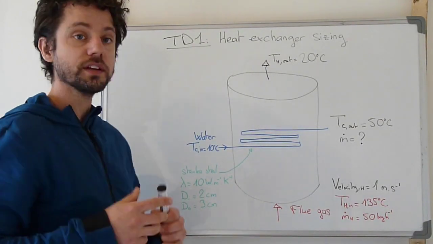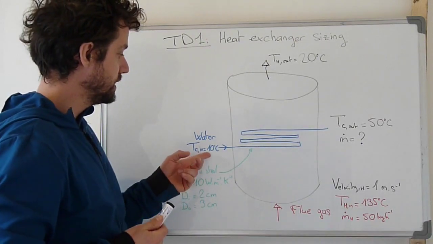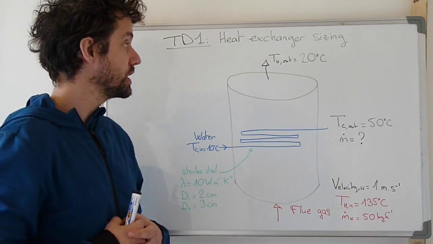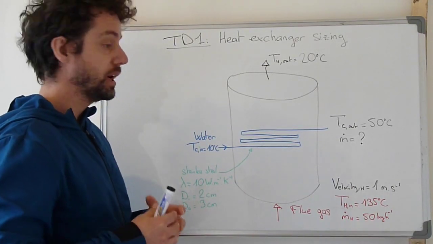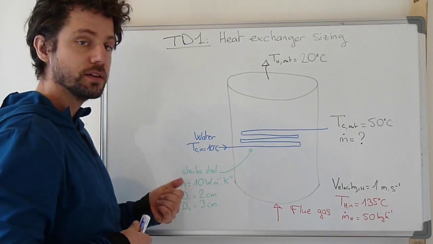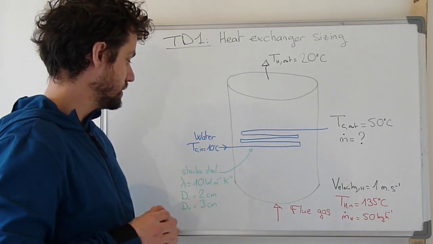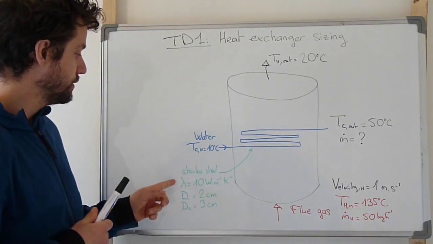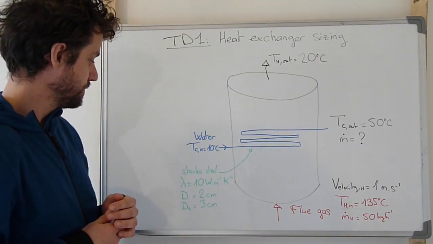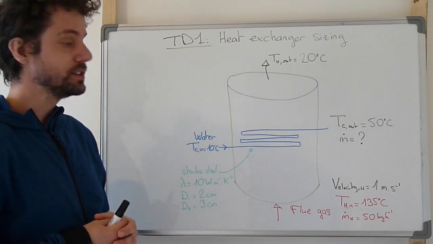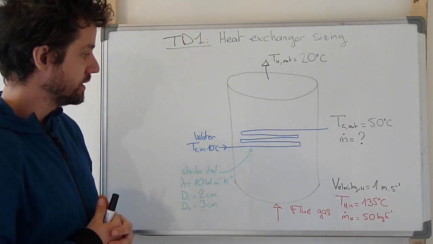The water, so that's the cold fluid, has an inlet of 10 degrees, and we already know which kind of pipe we want to use. We know the thermal conductivity is 10 watts per meter Kelvin. For this conductivity, we can guess that it's probably stainless steel.